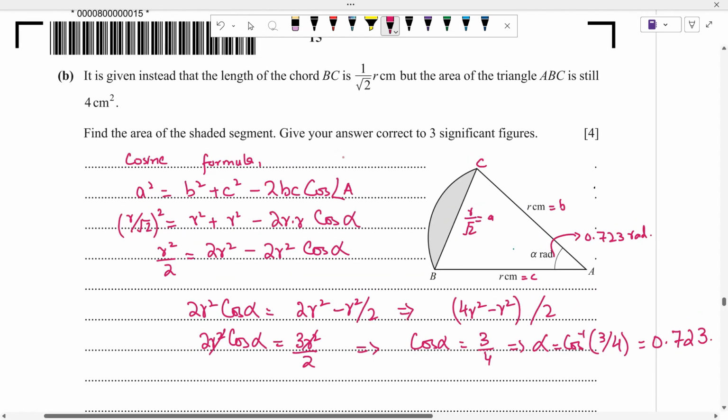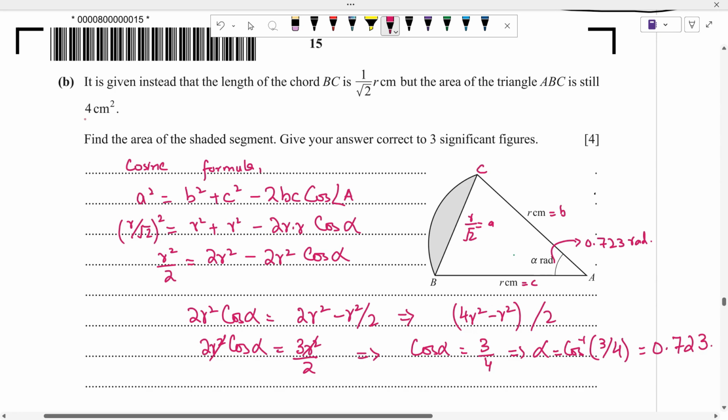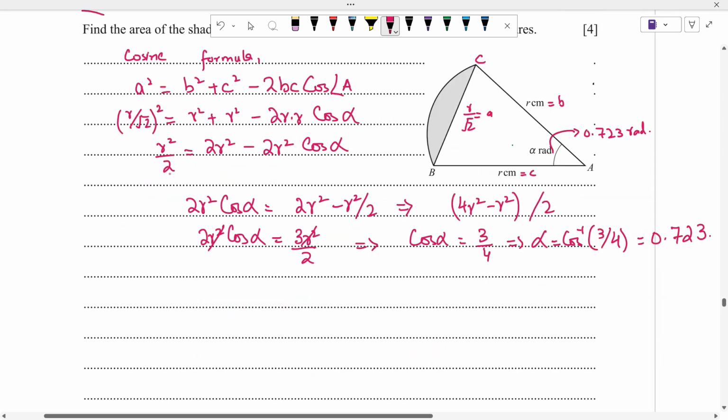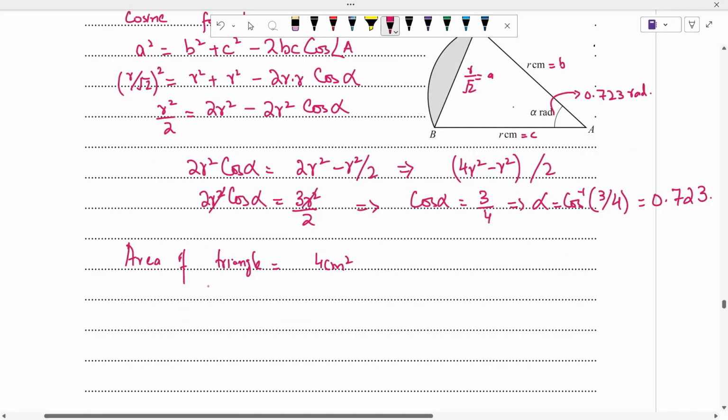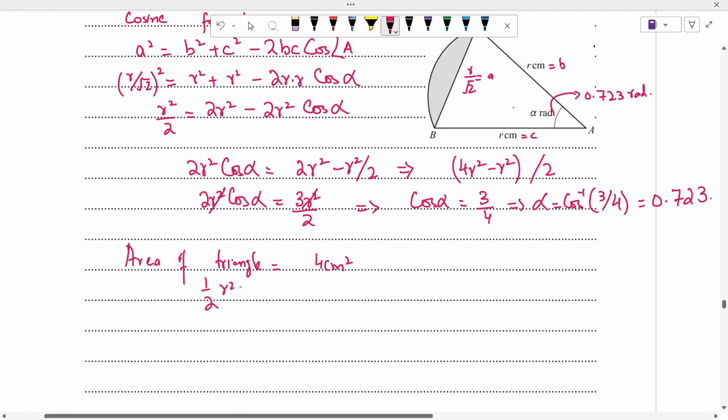Now we need the value of r. So we know that it is given that the area of the triangle is 4 centimeter square, and we know that the area of the triangle is 1 over 2 r square sine of alpha, which is equal to 4 centimeter square.